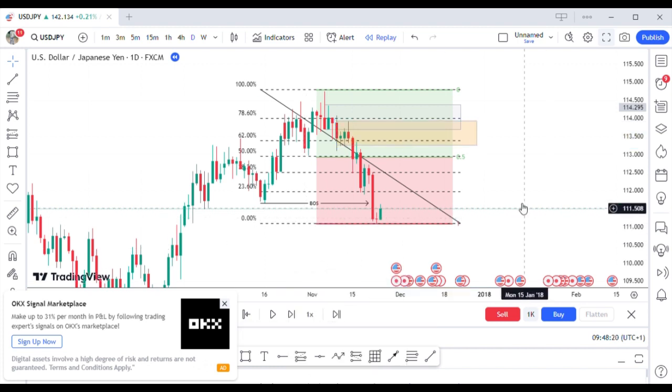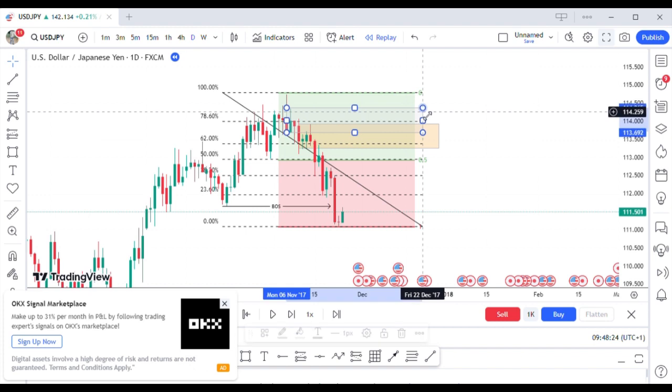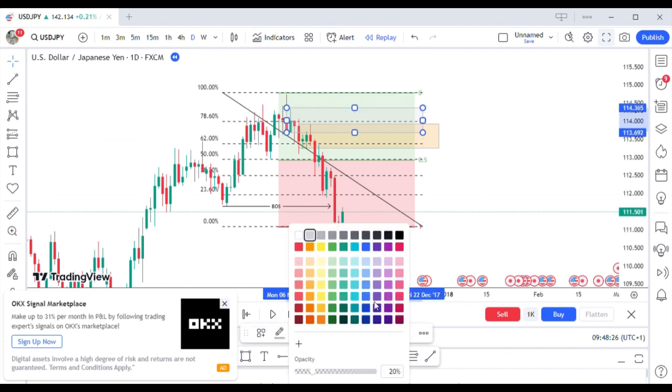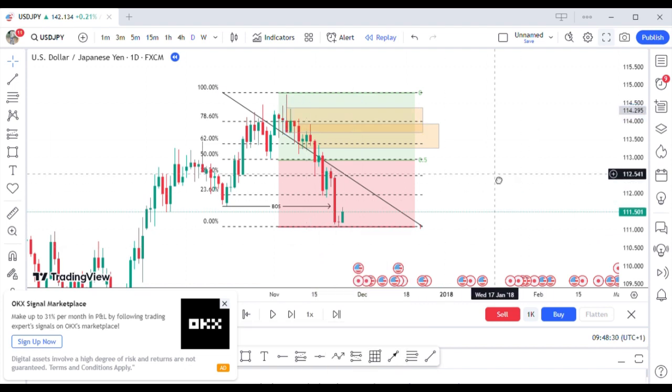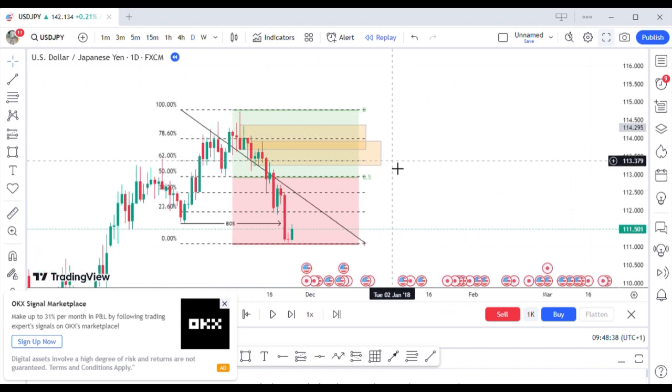Okay, so you can see this order block is still in our 62%, and also this last one, let me use orange. You can see these two order blocks are in the 62% level and then 67. You can make use of the two, you understand. It all depends, even though you can see this one is tapping into it, it's advisable for you to make use of the last one.